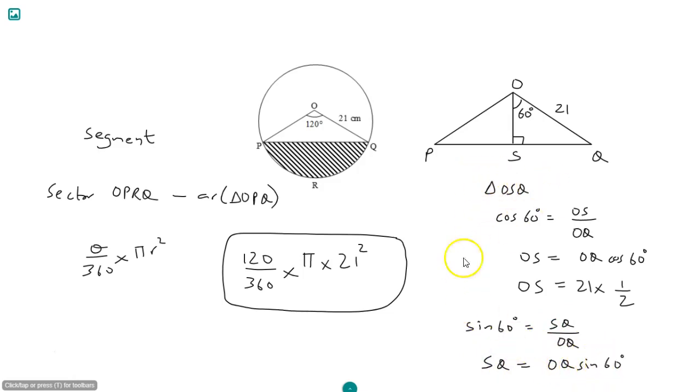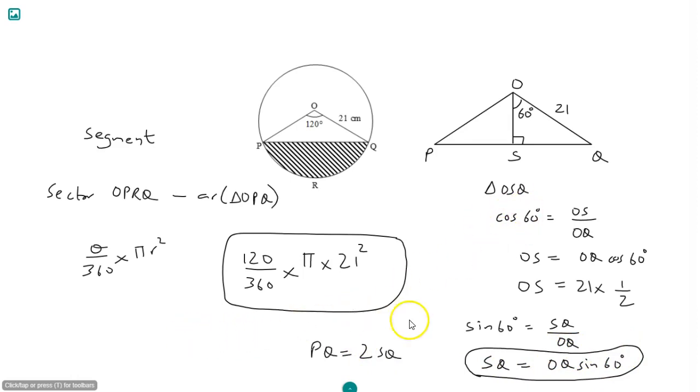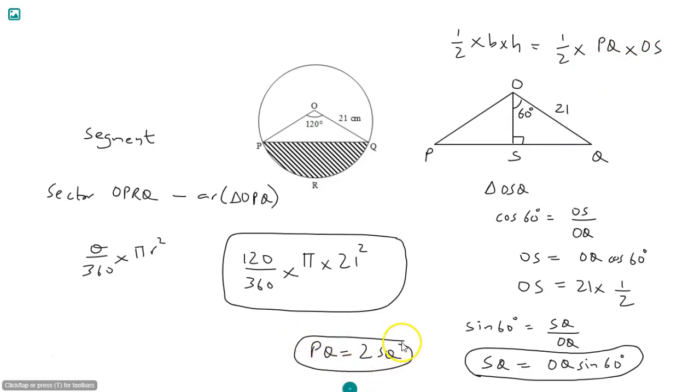The base of this triangle, PQ, will be twice SQ, and we know SQ from this equation. To find the area of triangle OPQ, we use the formula half into base into height, half into PQ as the base and OS as the height. And we have already found PQ from this equation and OS from here. That is how we find the area of the triangle.